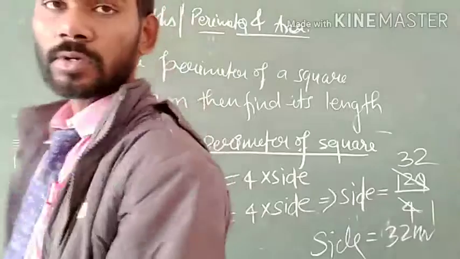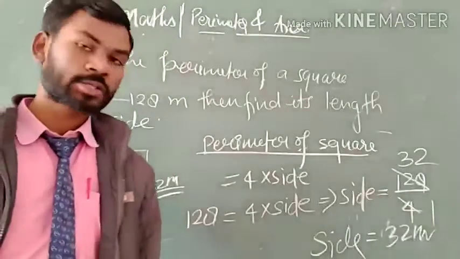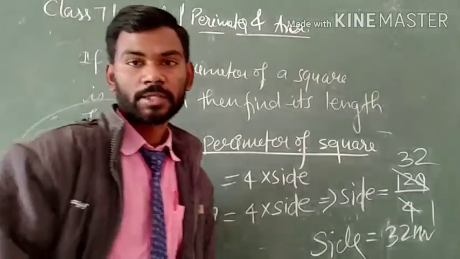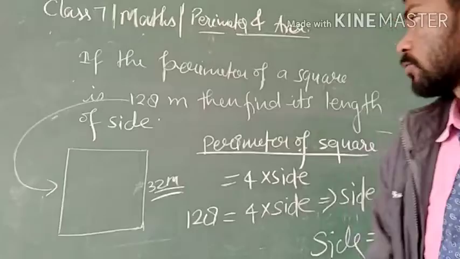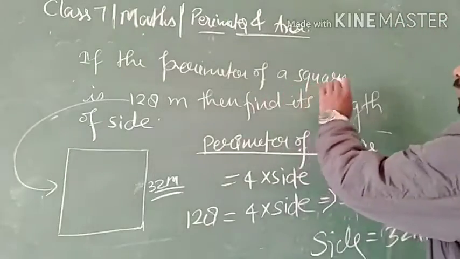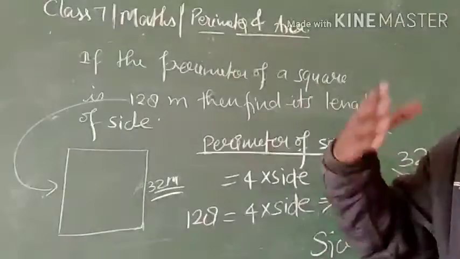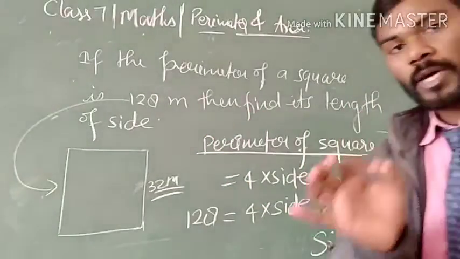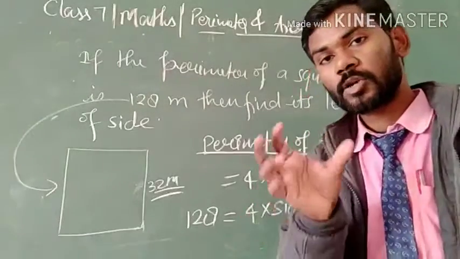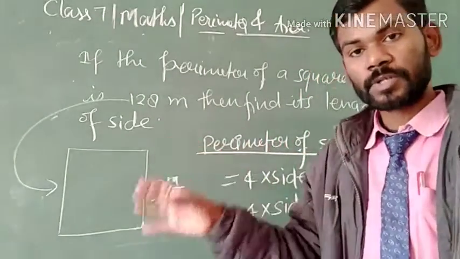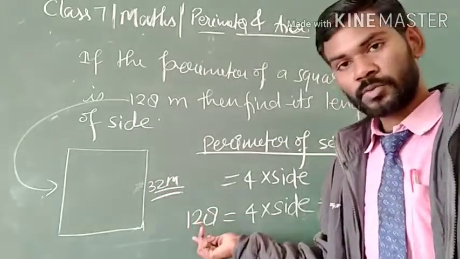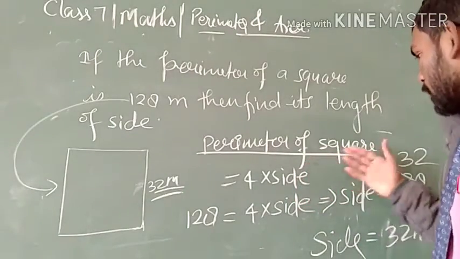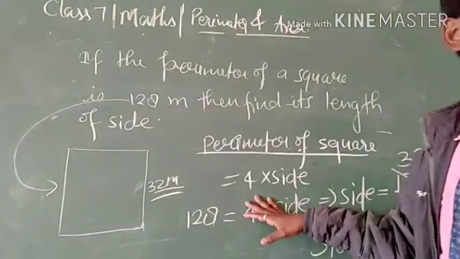Okay, students? So I hope the solution is clear to everyone. Now let us see the solution one more time. The question says that if the perimeter of a square is 128, then find its length. Since the perimeter is given, that is, the total length of the boundary of square has been given, which is equal to 128. We know the formula, which is perimeter of a square is equal to 4 into side.